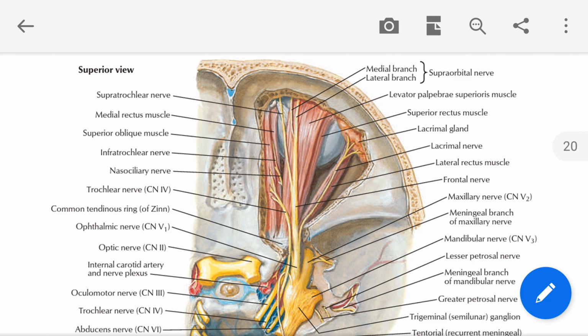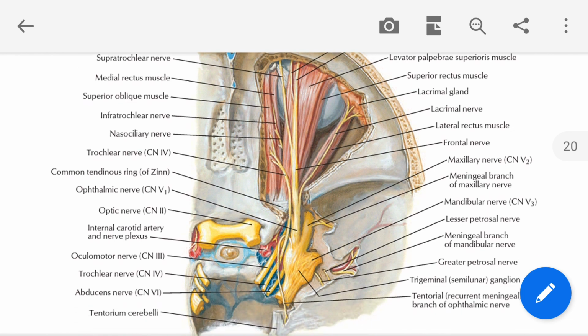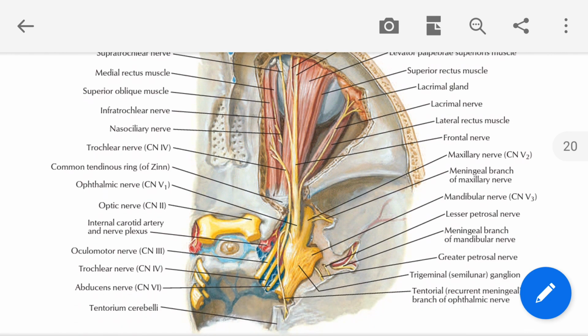Just beneath the muscles, the optic nerve comes out from the eyeball, and then it reaches various centers of our brain. It will send the nerve impulse to the various centers of our brain.